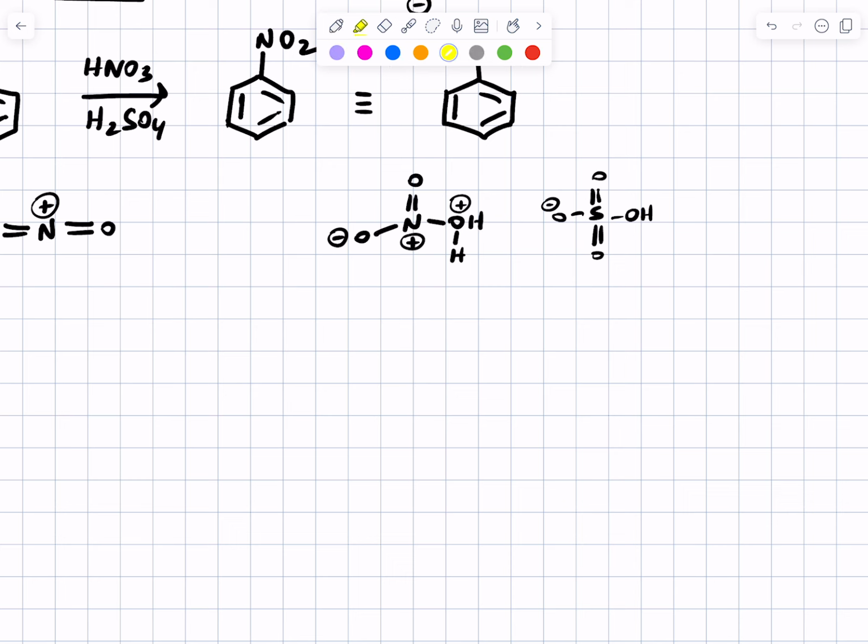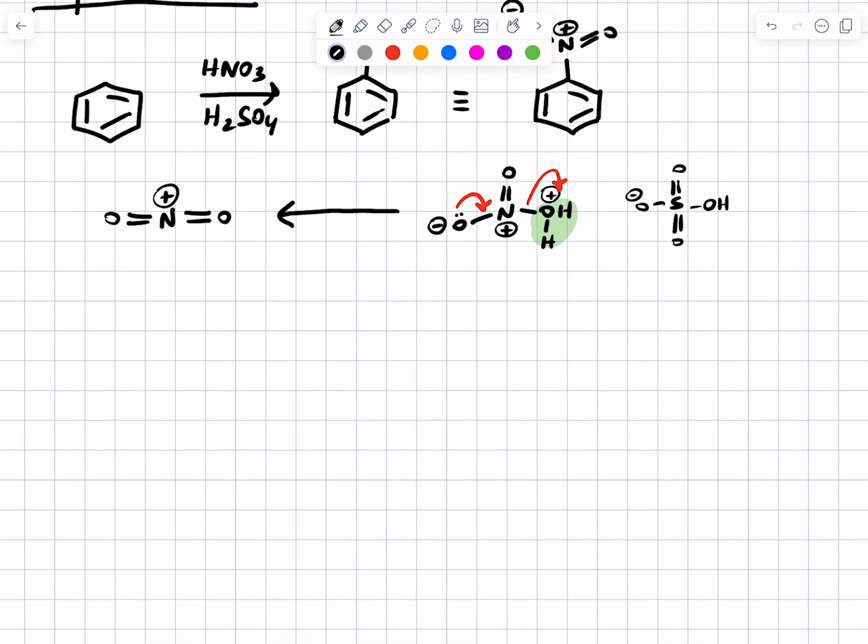When it does, you turn that oxygen into a supergood leaving group, and then the negatively charged oxygen attached to the nitrogen can be a kicker-offer and kick off that leaving group to give you the NO2 cation. I'm not going to actually hold you responsible for that, and I don't think your text actually shows the mechanism for how that electrophile is made. You'll just need to remember that when you have nitric acid and sulfuric acid, you make that NO2 plus cation.